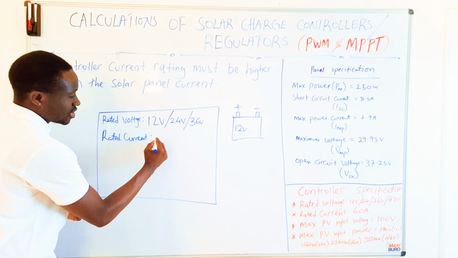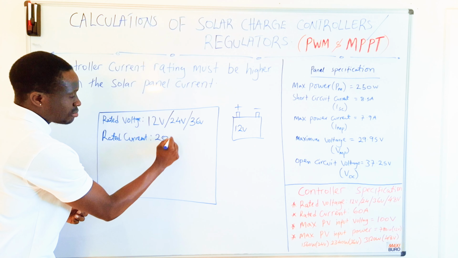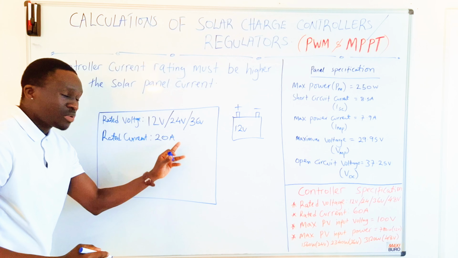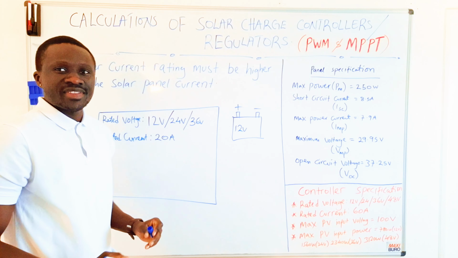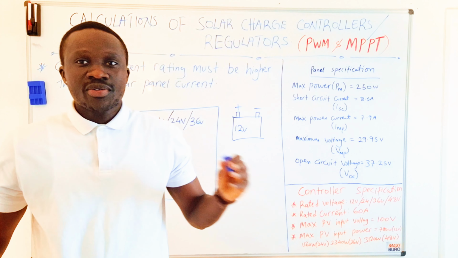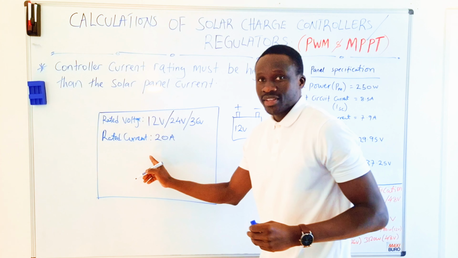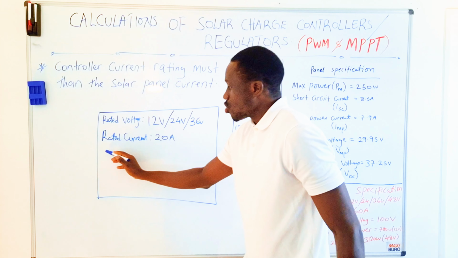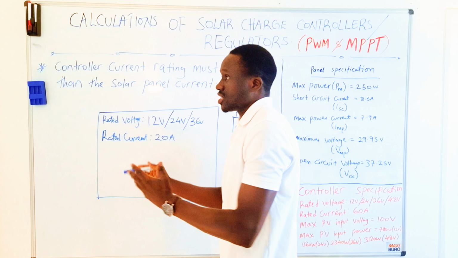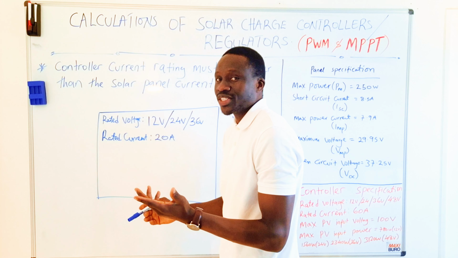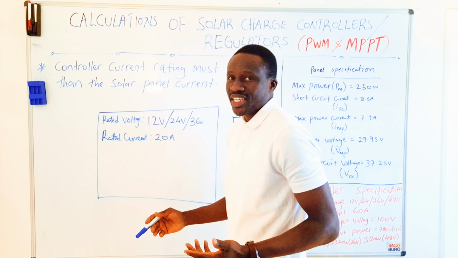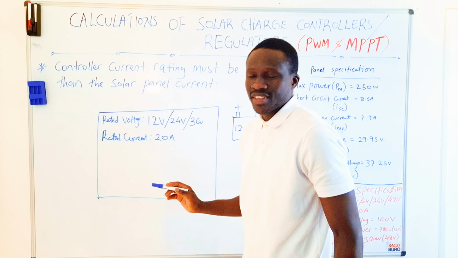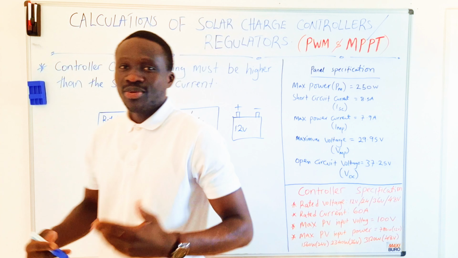Let's say we said we are going to use 20 amps. If you go to the market, look for a 20 amp regulator. Don't go for less, because our calculation gave us 10 and we said let us use 20 amps. It will work for your system the way you want it.